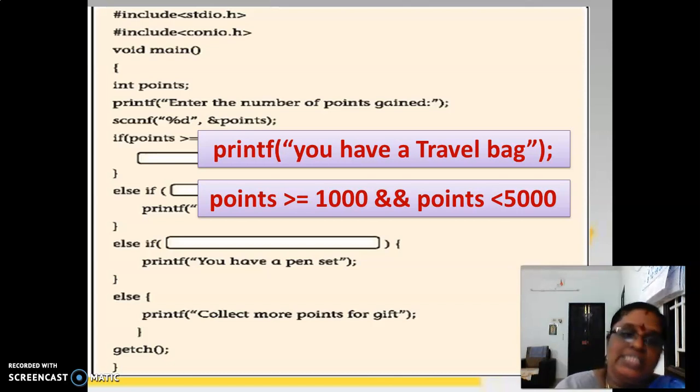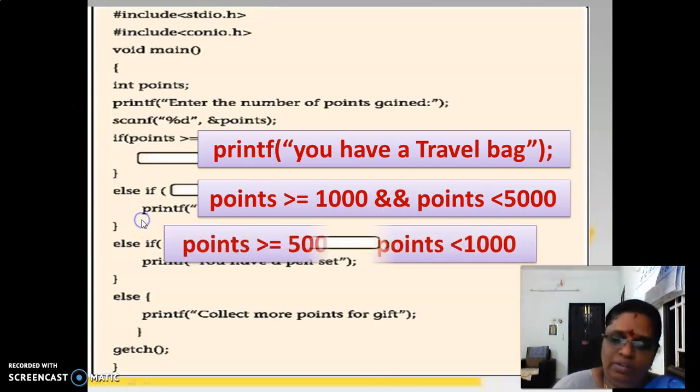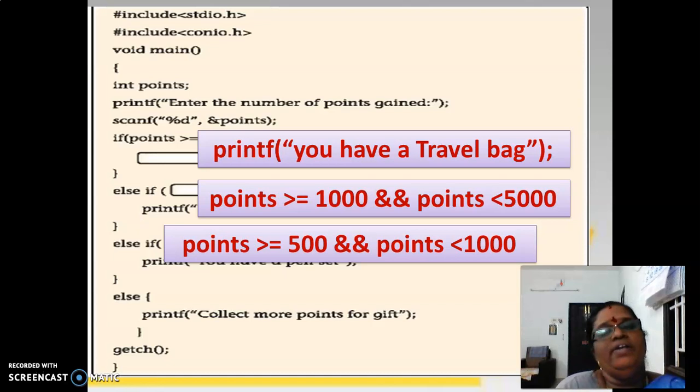Yes? Else for pen set, what is the condition? Points is greater than or equal to 500 and points less than 1000. So these conditions are to be checked there, right? Yes, clear with this missing statements? I hope you are clear with this missing statements. This also we discussed in the last classes, right?